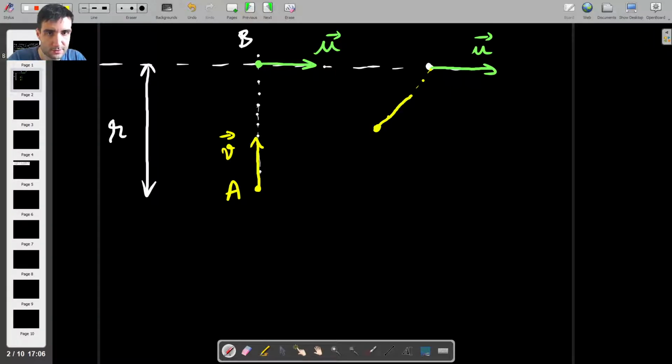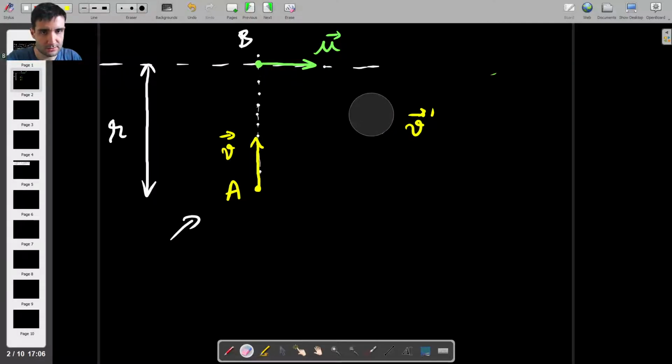So the speed of the dog is the same, but the velocity, that's why I put a prime, is a different velocity because it has a different direction, so it's a different vector. And we are asked to find the acceleration of the dog in this moment here.